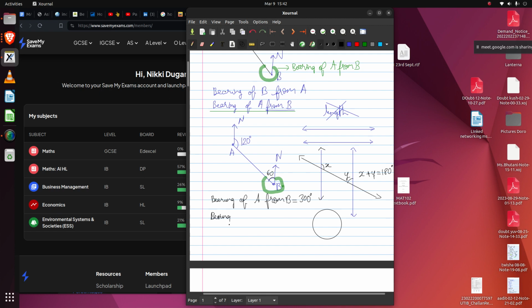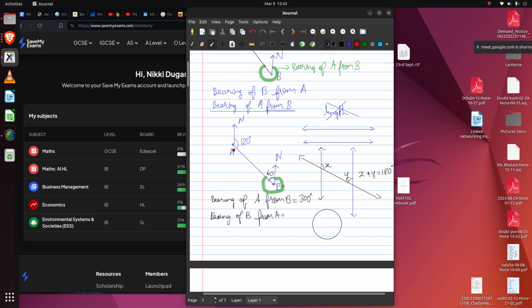Similarly, I want to know the bearing of B from A. What is it? B from A. I have to start at which north? You have to start from A and go in the direction of anti-clockwise. Why anti-clockwise?